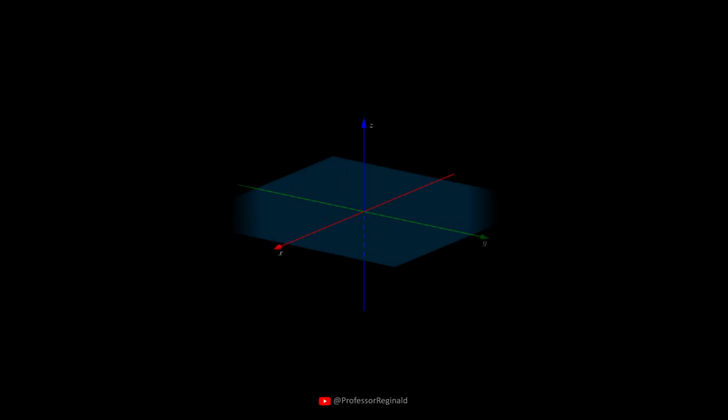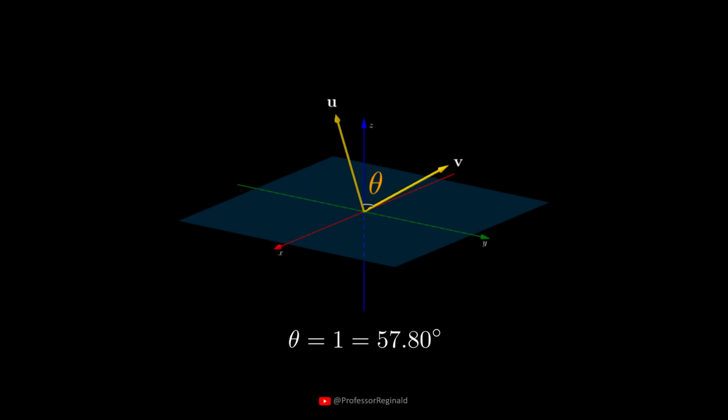Let us draw the two vectors in 3D space. The computed angle is this angle between the two vectors. The angle between the two vectors is 1 radian, or 57.80 degrees. And this vector is the cross product of u and v, and it is perpendicular to both u and v.